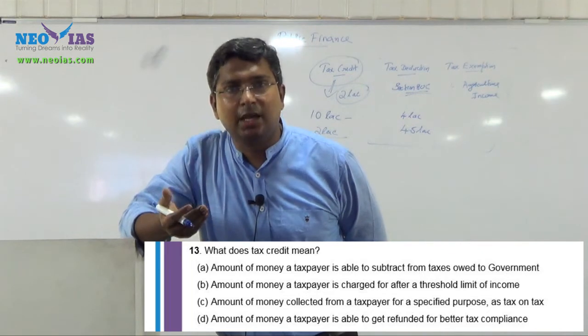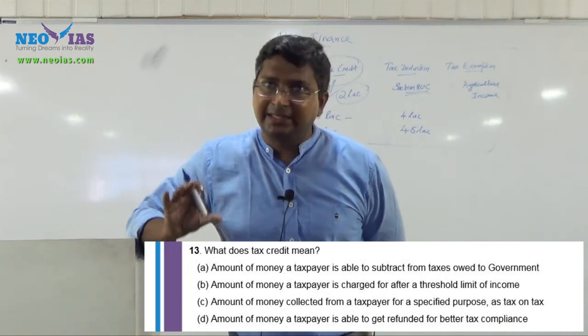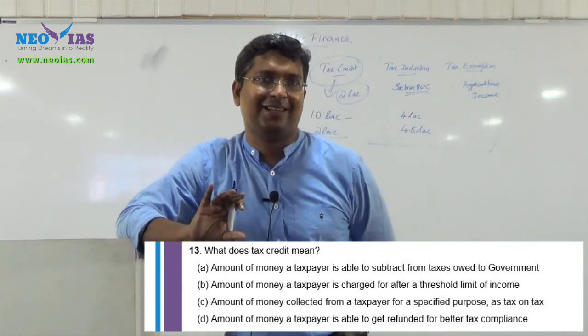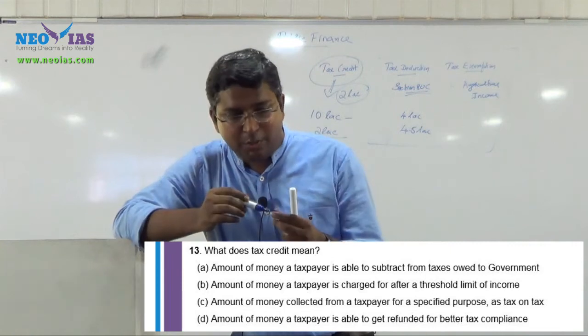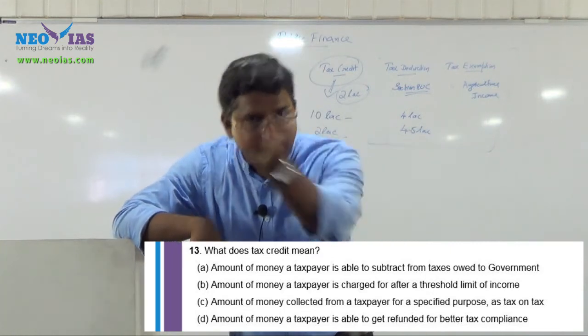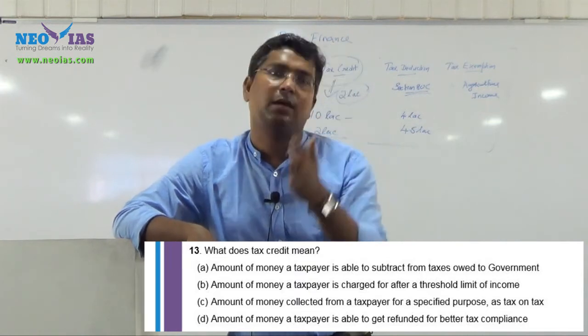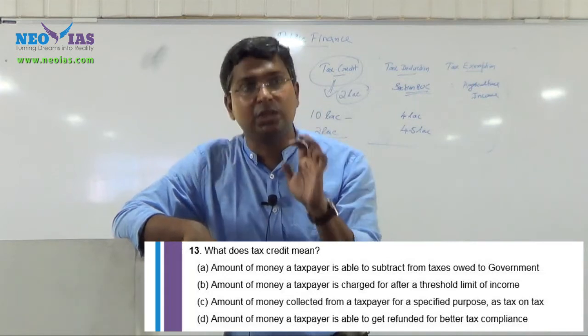So what happened is, it is not the taxable income that has reduced, rather the tax amount. It's not the taxable income, rather how much tax you owe to the government, that has reduced, because the tax credit is subtracted from the tax which you owe to the government.